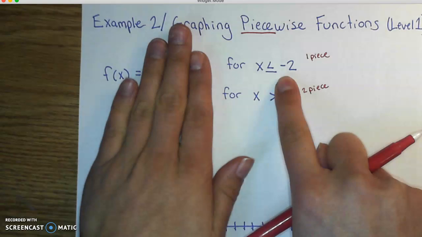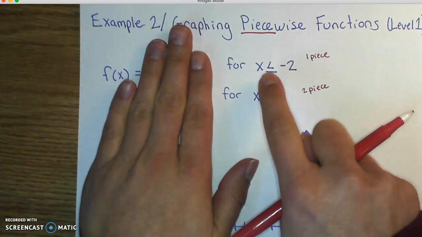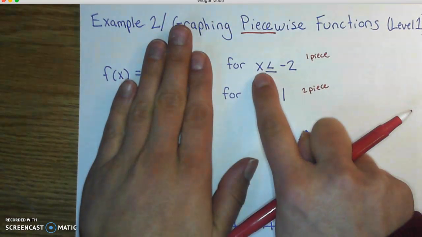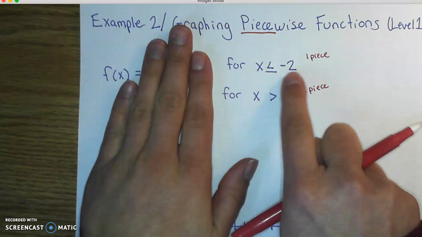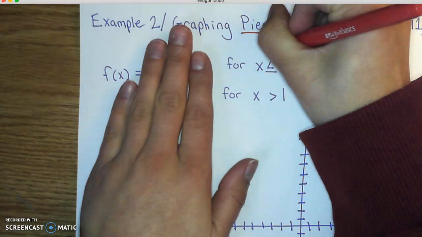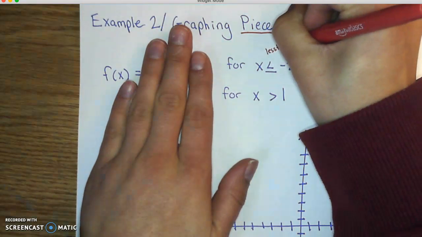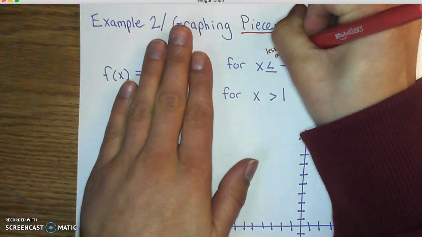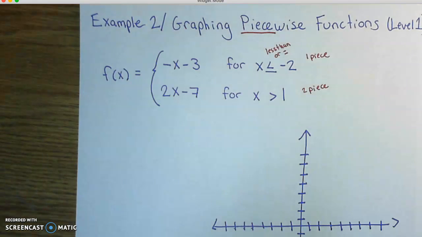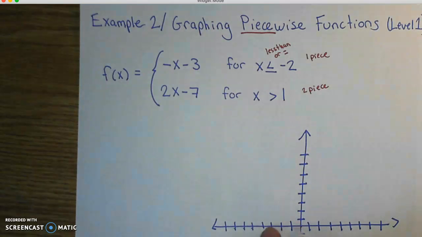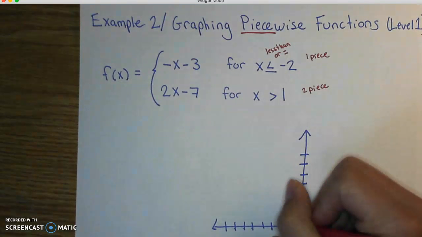So before I even worry about this, let's understand what this says. X is less than or equal to negative 2. So this is less than or equal to. So I'm going to find negative 2, and we're talking about x. So this is my x. I'm going to find 1, 2, negative 2.